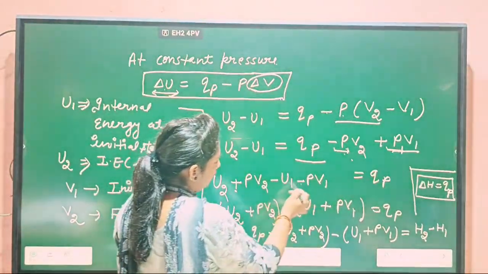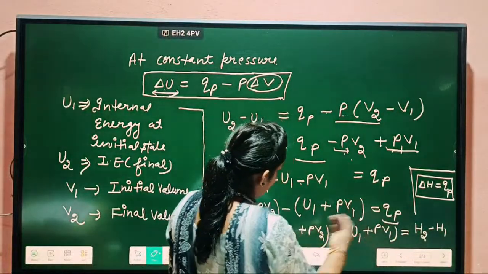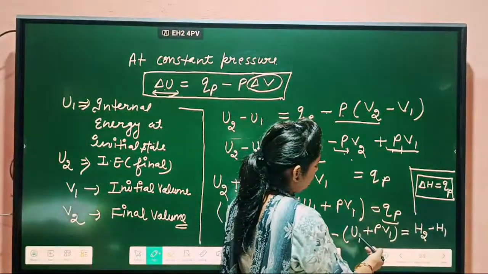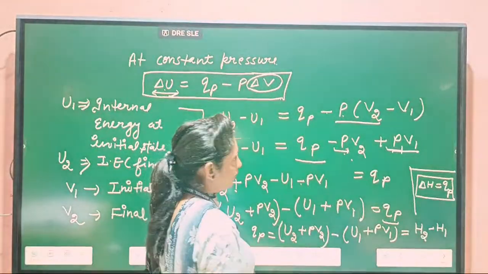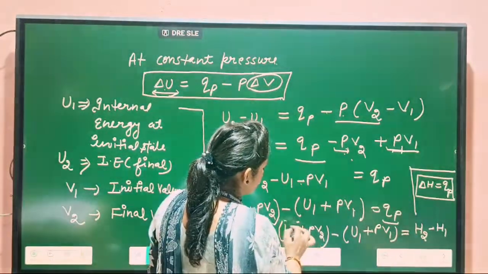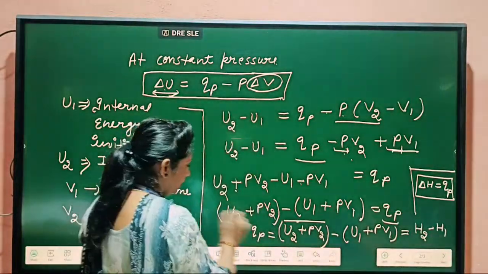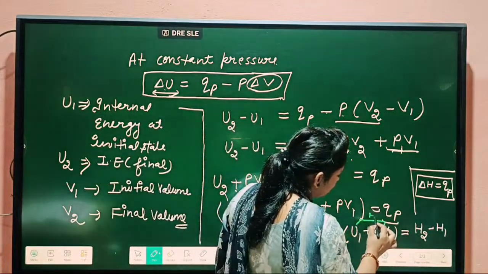Then you can take minus common from here. Then QP is equal to U2 plus PV2 minus U1 plus PV1. You know very well U plus PV is enthalpy. So you can write H2, and this one is H1.